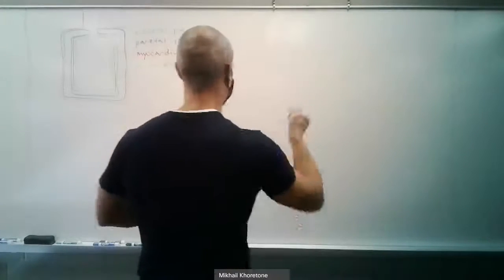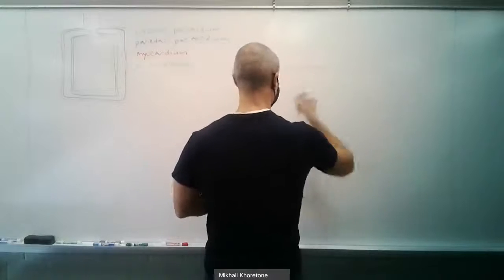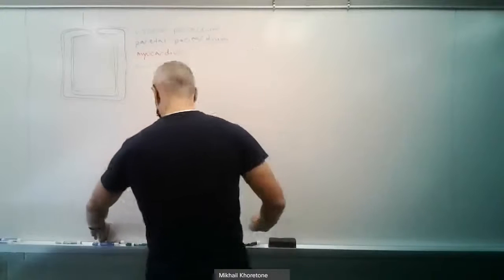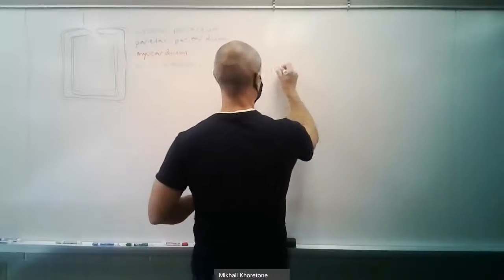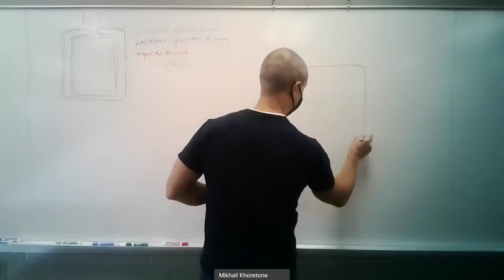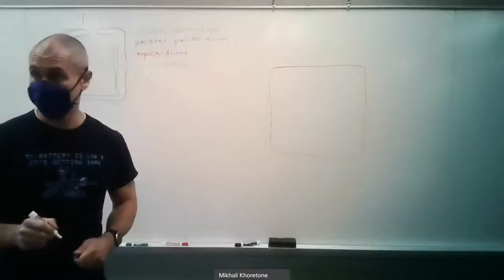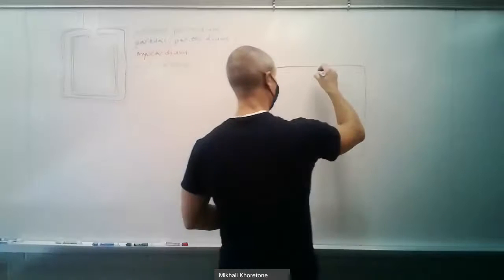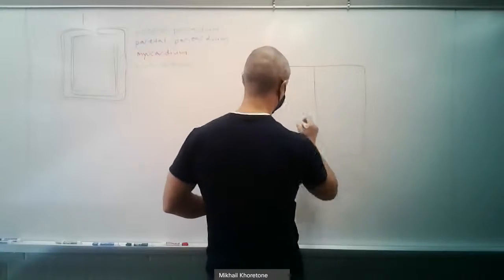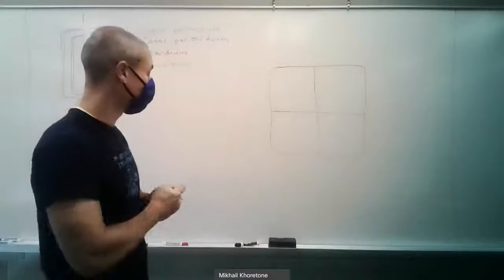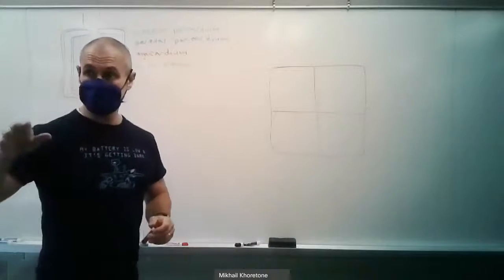Okay, here's what I'm going to do. So this is a terrible color. This is the heart, okay? And as you know, it can be divided into 4 chambers, okay? Good so far?